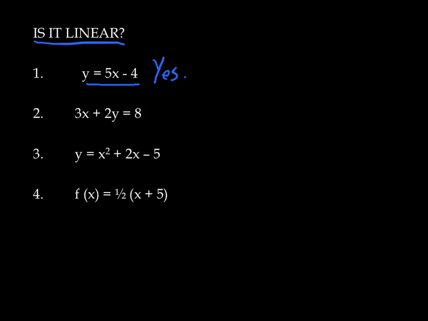And it doesn't change, and there's no x squares. There's nothing strange like a square root of x. There's no odd exponents or anything like that. Just a y times a number, an x times a number, and a third number, which is a constant term. Well, why don't you try the other three? Yes or no for all three of them. Pause now.